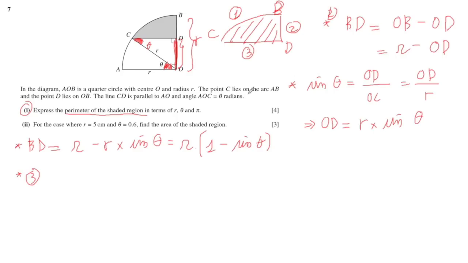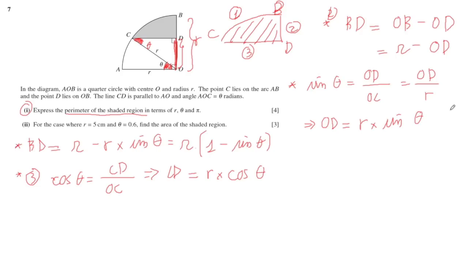In CD, in a similar way as when I calculated OD, I will use the formula of cosine. Cos phi will be equal to CD divided by OC. OC here is R, so CD will be equal to R times cos phi.